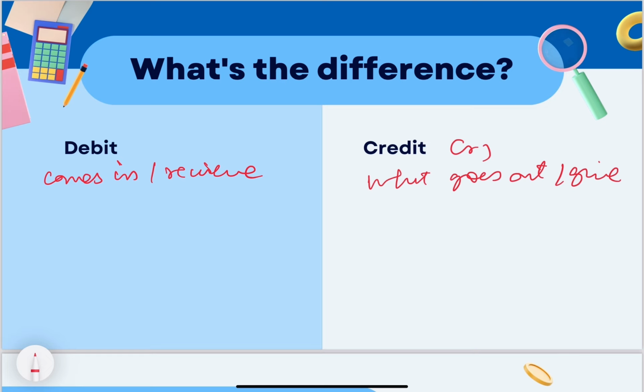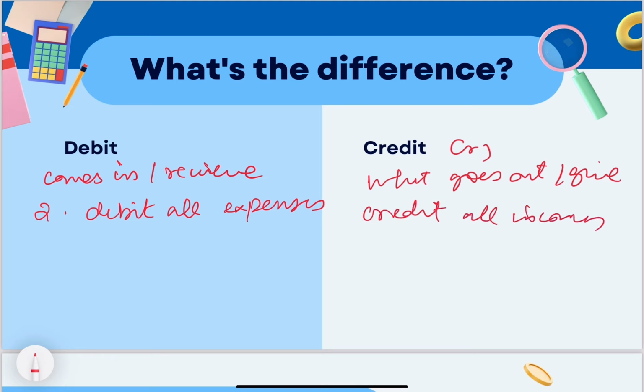There are three famous golden rules of accountancy that you should all know. One I've told you here: debit what comes in and credit what goes out. Second is debit all expenses and credit all incomes and gains. Remember this, or you can even learn it by heart, it is very important.